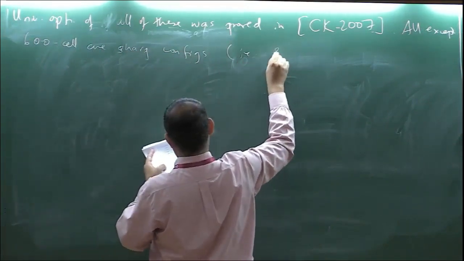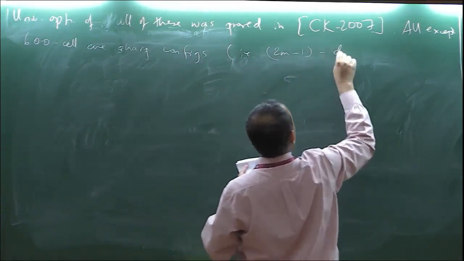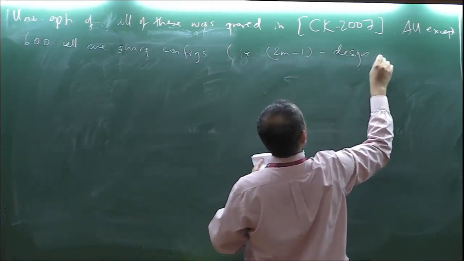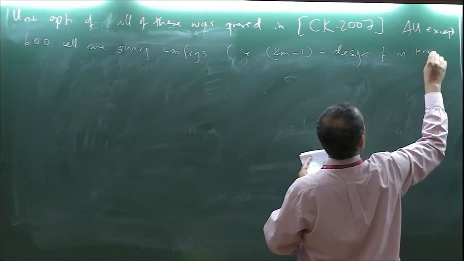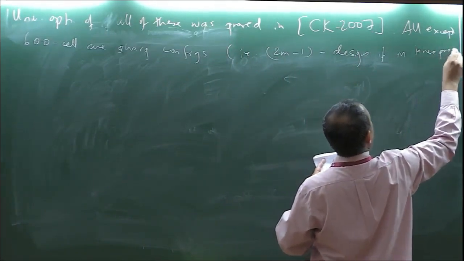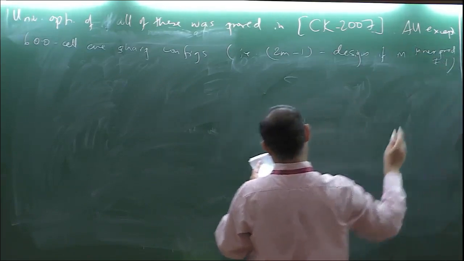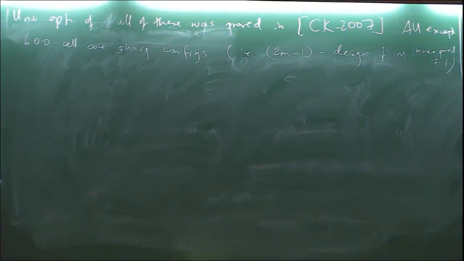Recall that just means that there are 2m-1 designs, if m is the number of inner products distinct from 1. Okay, and the 600 cell has some extra twist to it, which I won't go into.